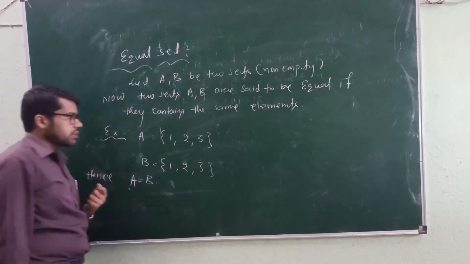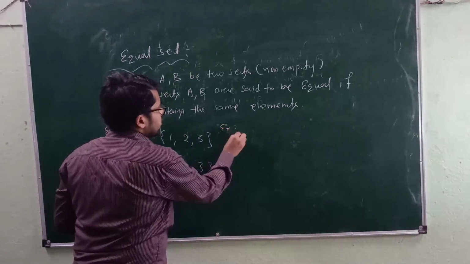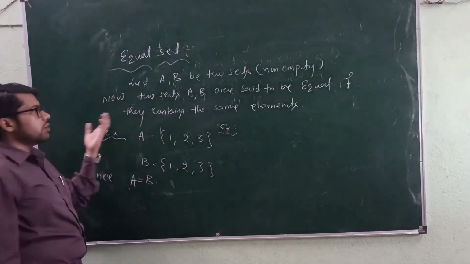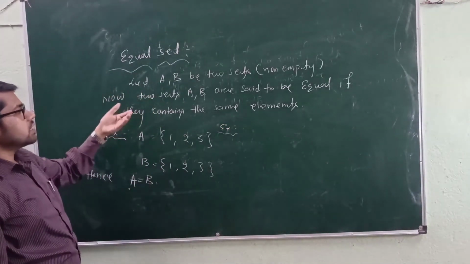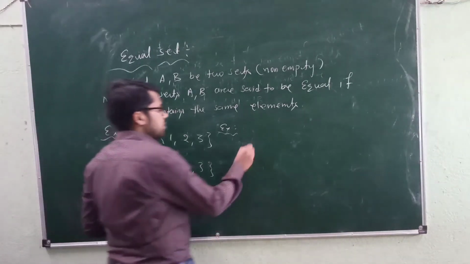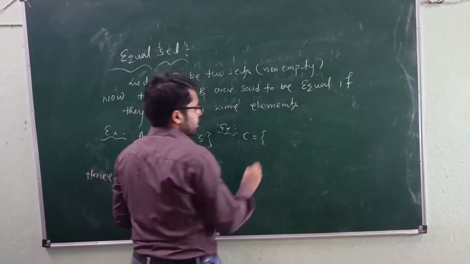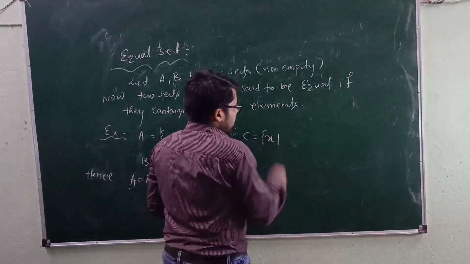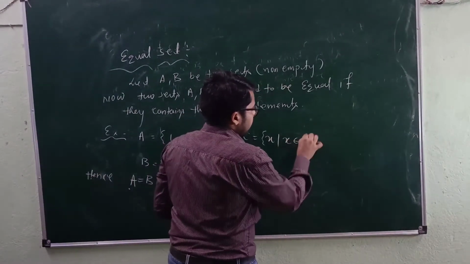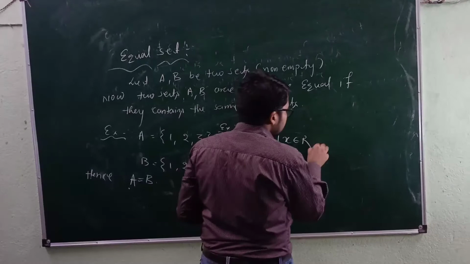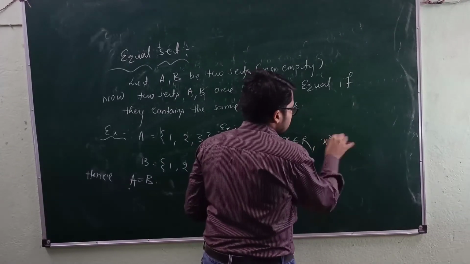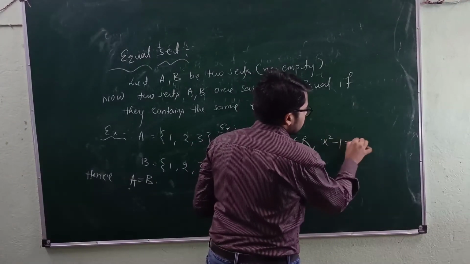Two sets are said to be equal when they contain the same elements. Let us see another example. C is a set: x such that x belongs to R and x square minus 1 is equal to 0.